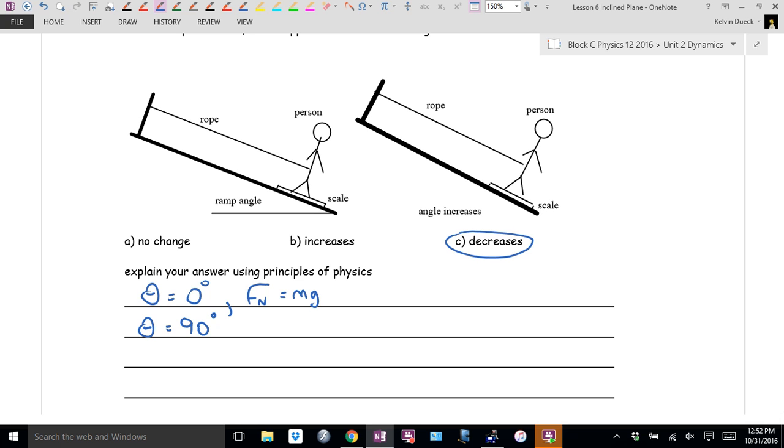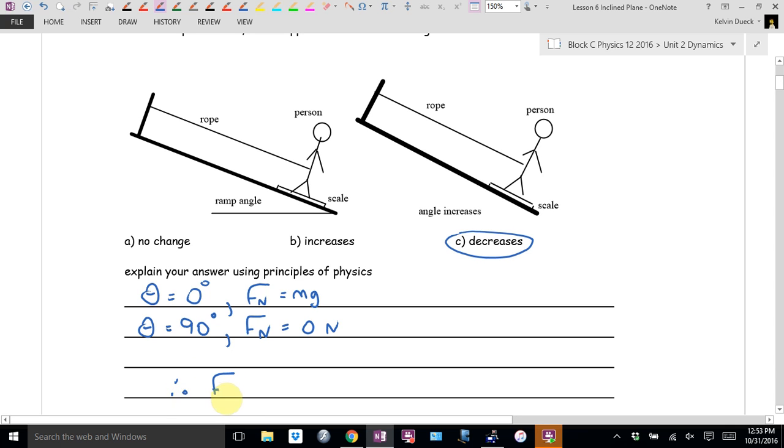What would the scale read? 0. So at 90 degrees, the normal force reads 0 newtons. Then the third assumption I'm going to make is that this change occurs smoothly. It doesn't magically jump around like crazy. You went from maximum normal force, mg, to 0. I think you decreased. It's the only way you could end up at 0. You're getting smaller.